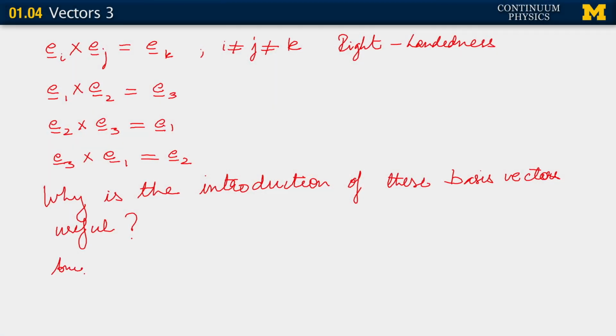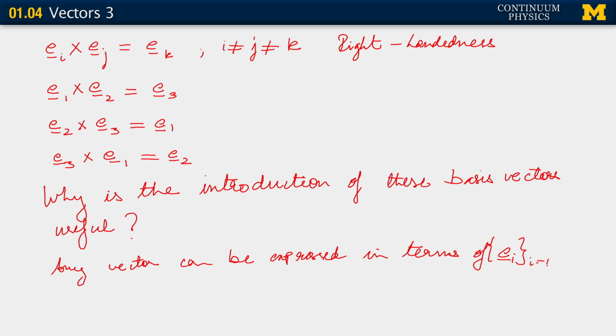In particular, what we can do is that any vector can be expressed in terms of the set Ei, i equals 1, 2, 3.